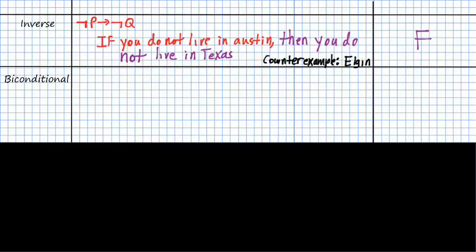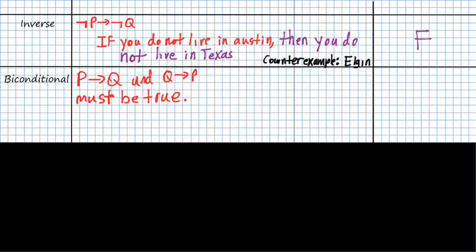All right, and our last statement is the biconditional. So we have P implies Q and Q implies P must be true. So let's go back and check.